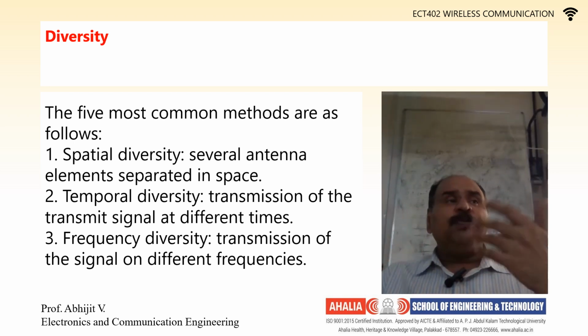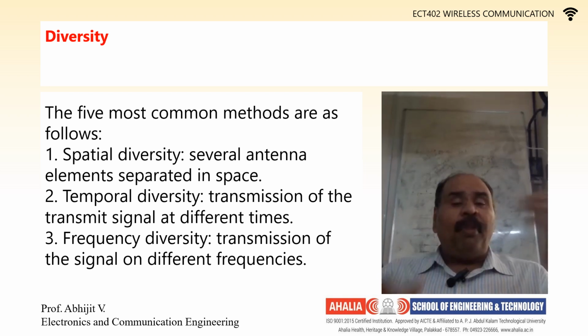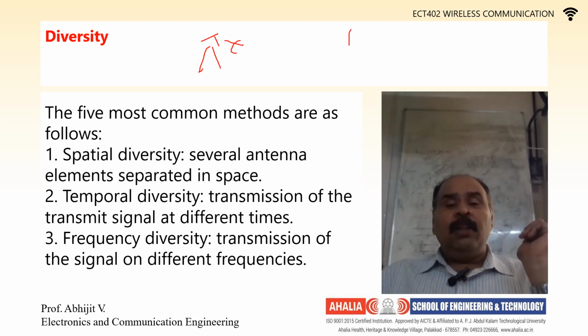You give some space for different antennas. I can draw an example here. Let us consider only the receiving antenna. Let this be one, let this be another one. You have a space here. You call it as spatial diversity.